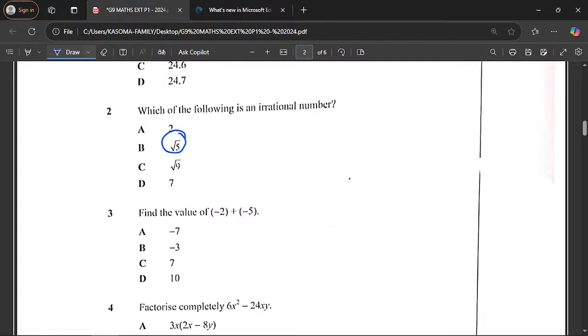So B is a suspect. Definitely, it does not qualify to be a rational number. Therefore, it is an irrational number. So, before we go any further, we can say the answer for question 2 is B, which is the square root of 5.